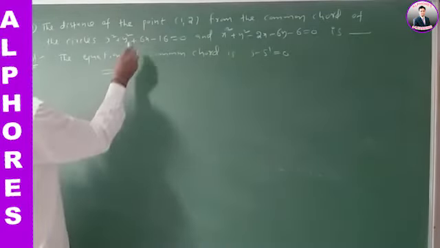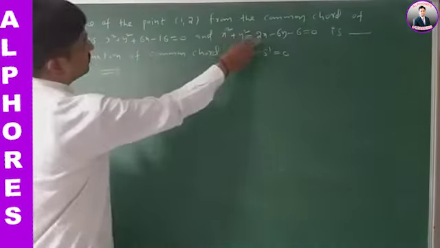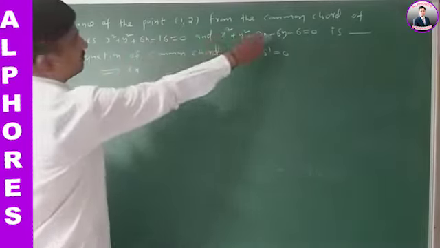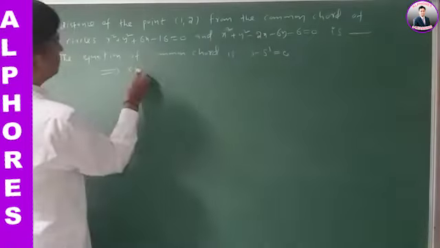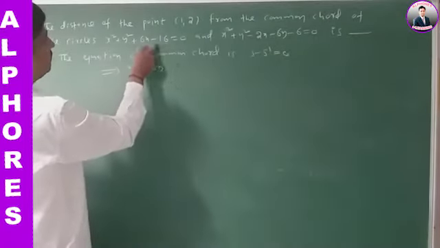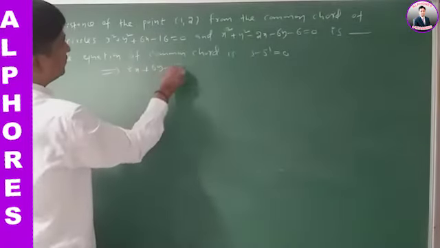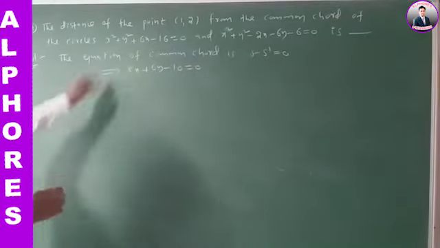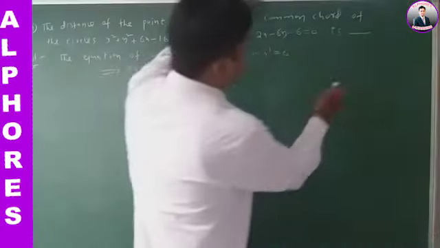S minus S dash is 6x plus 2x, 8x, here 0 plus 6y, next minus 16 plus 6, minus 10 equal to 0. This is the common chord of these two circles.